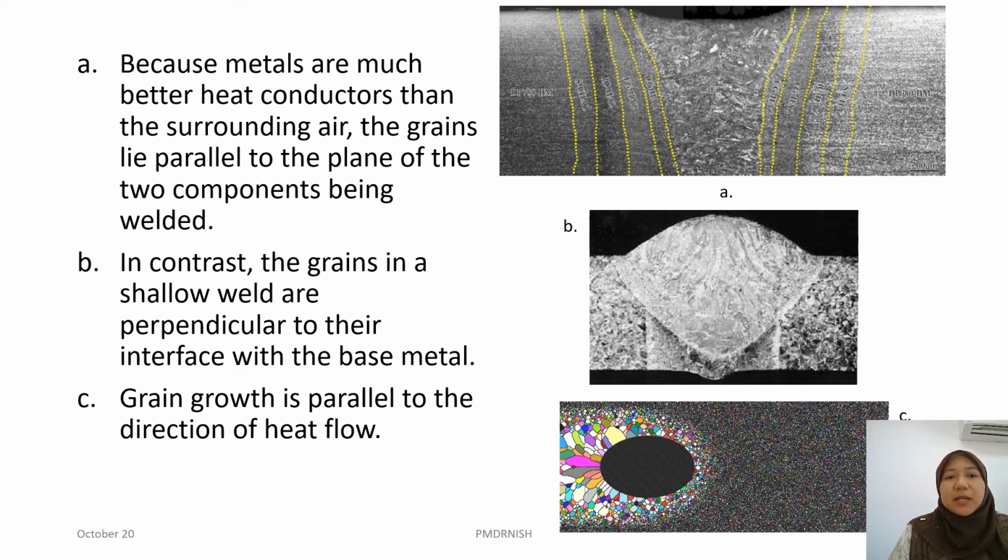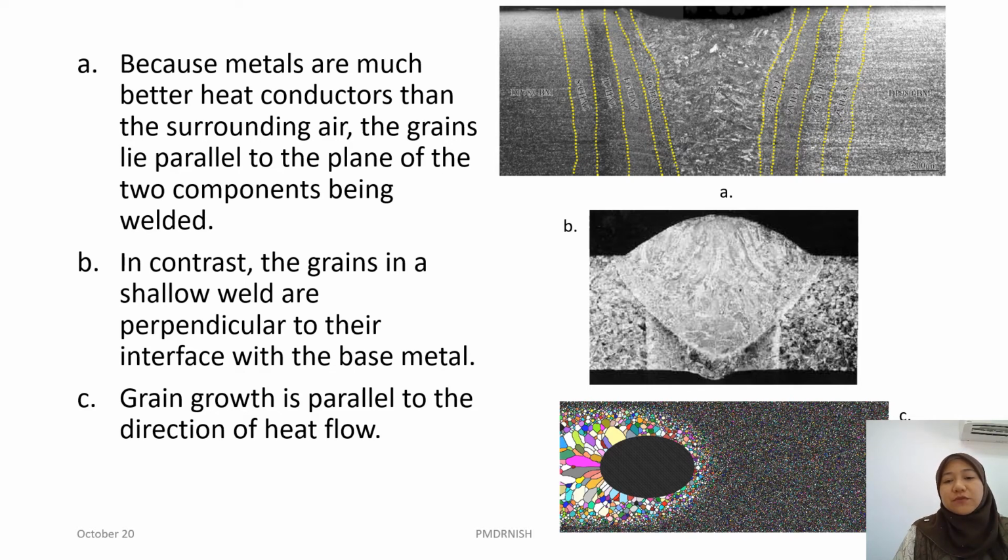Because metals are much better heat conductors than the surrounding air, the grains lie parallel to the plane of the two components being welded. In contrast, the grains in a shallow weld are perpendicular to their interface with the base metal. Grain growth is parallel to the direction of heat flow.